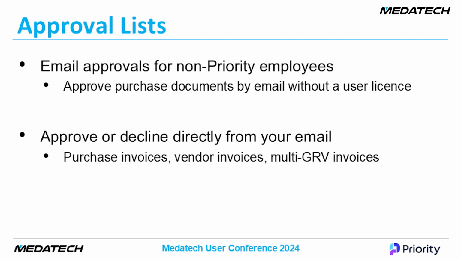You just receive the email, click the link, and it's confirmed. Okay, also now the approve or decline from email is extended and now includes purchase invoices, vendor invoices, and multi-GRV. So we can approve that more extensively.